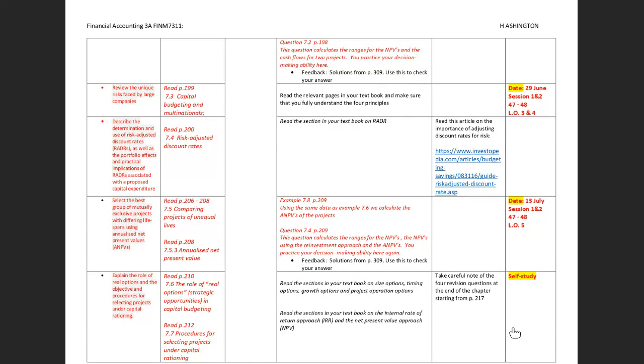So if you had one project that was 3 years and another project that was 4 years, what would be your lowest common denominator? The lowest number that both of those could be divided into and give you a whole number as an answer.